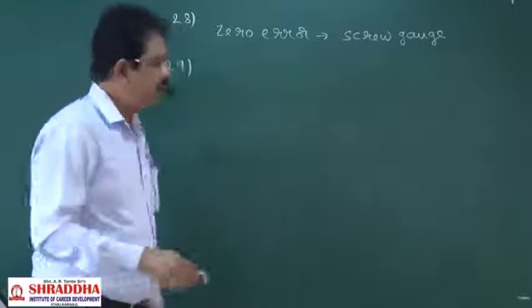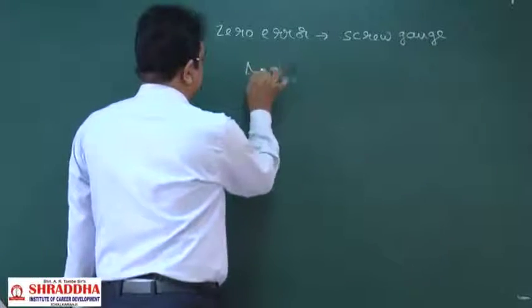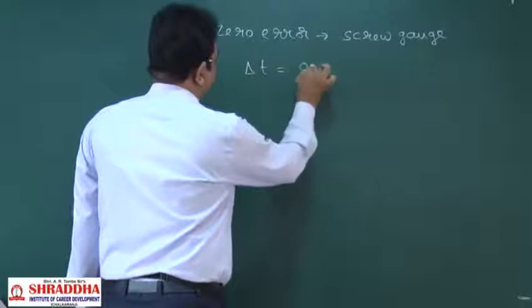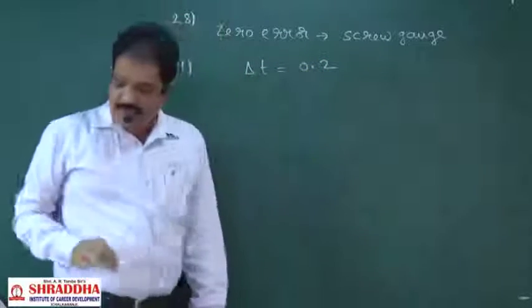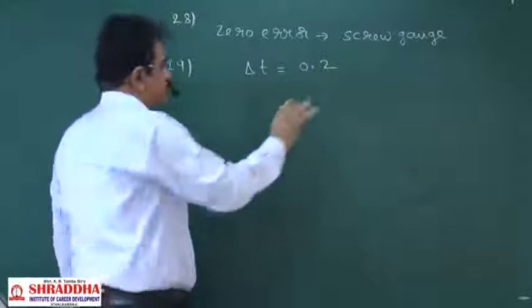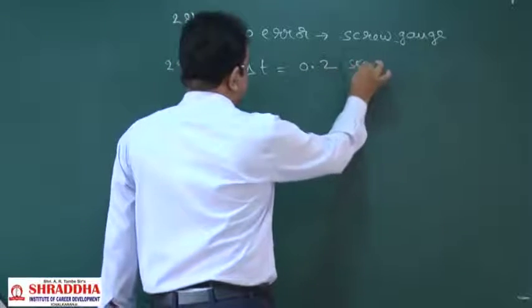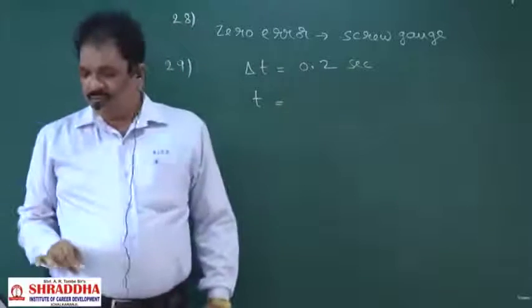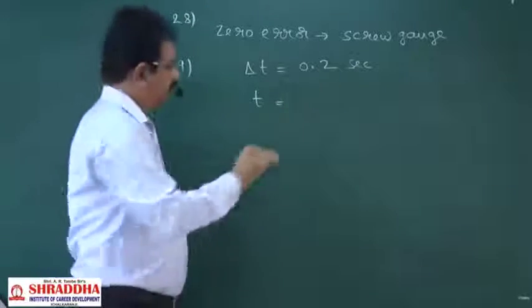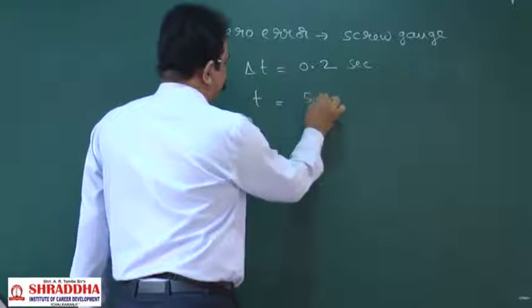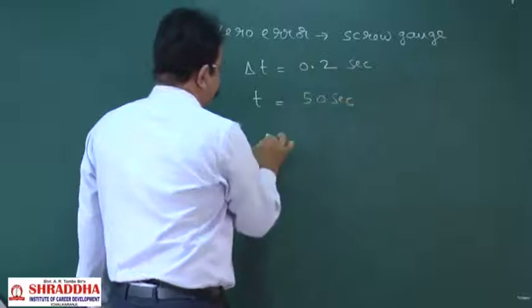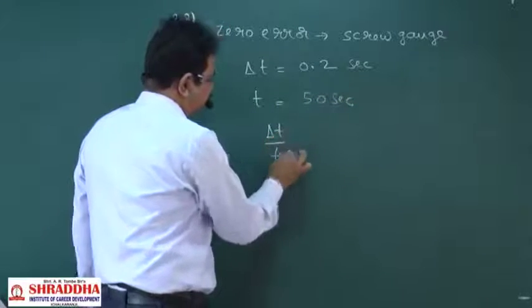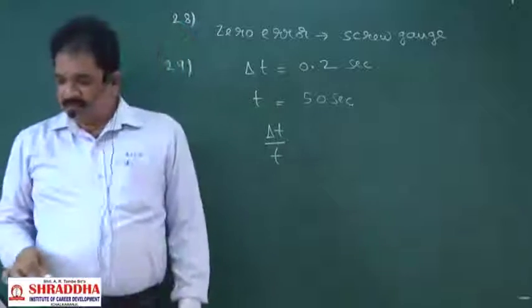Least count means Δt, that is how much they gave, 0.2 seconds. What is the time value? 50 seconds.